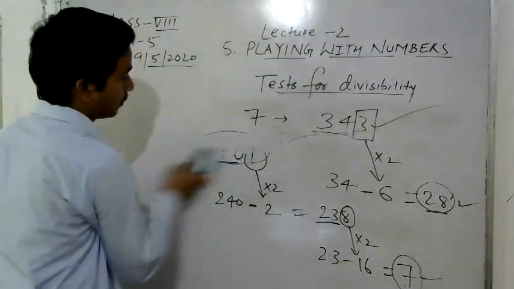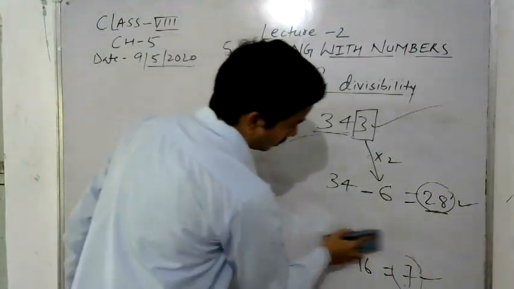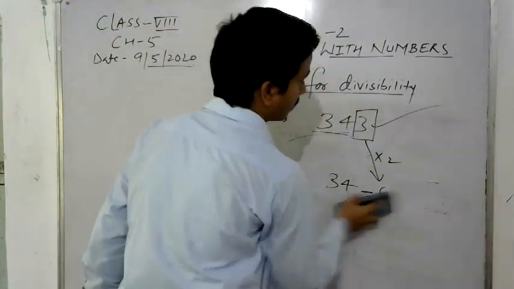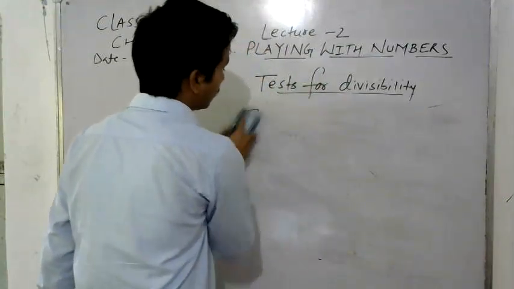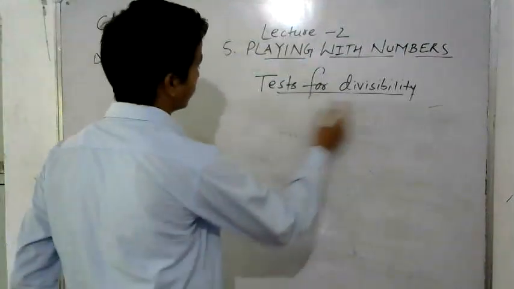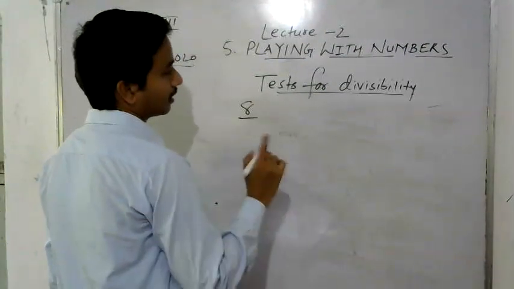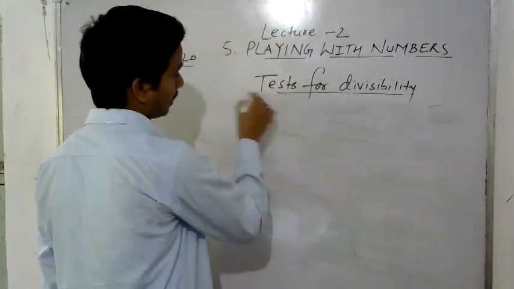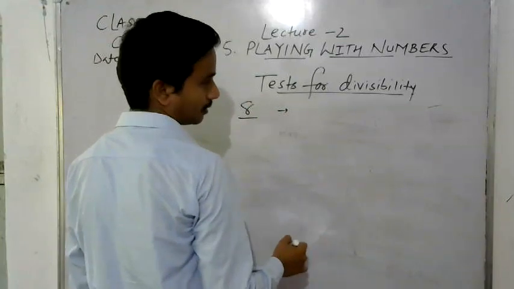Now, for 8. How will we test for it? For example, if the last 3 digits of any number are divisible by 8, then we can say that that number is divisible by 8.